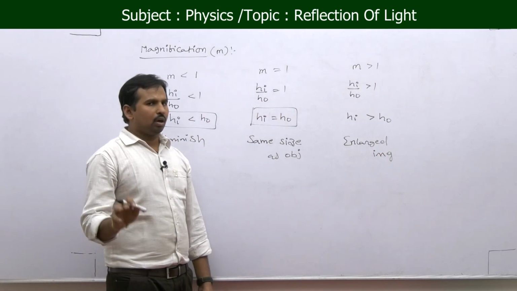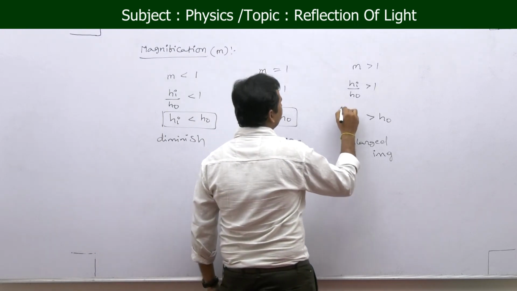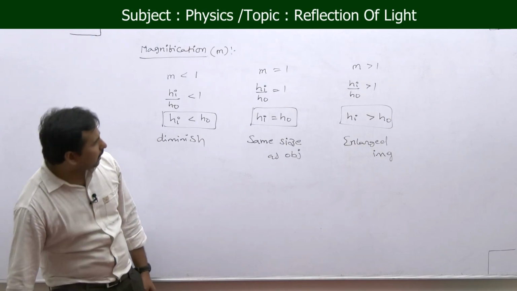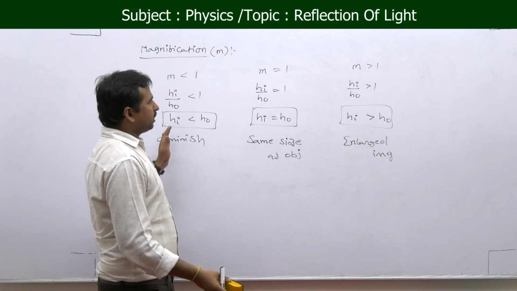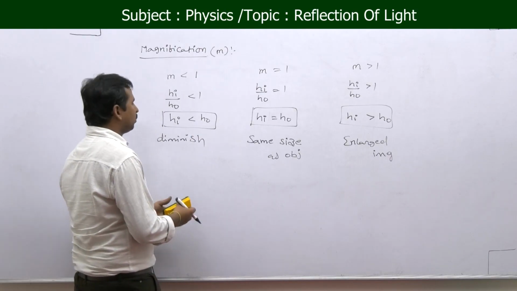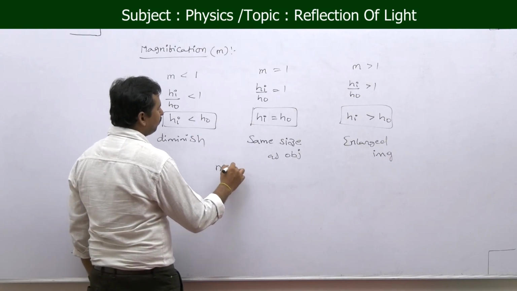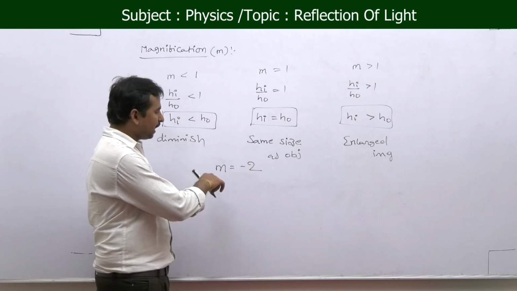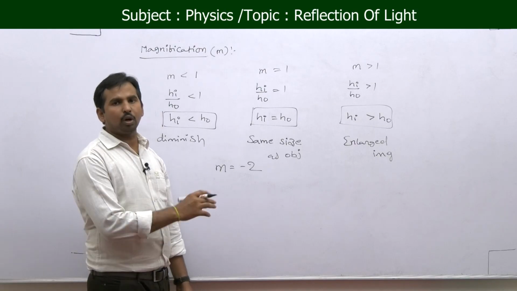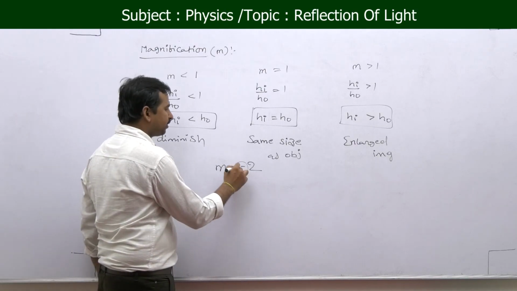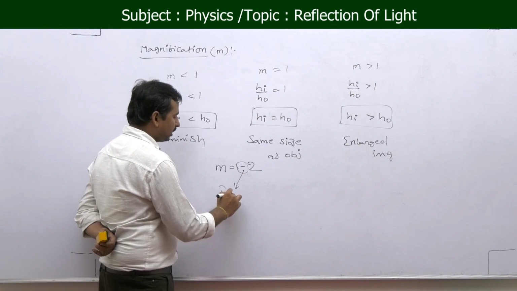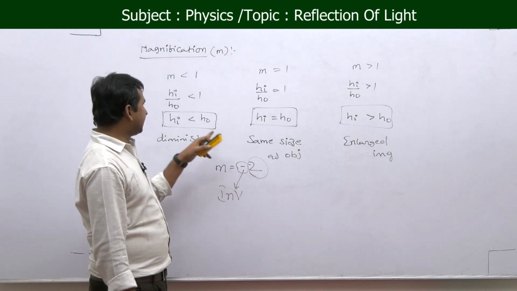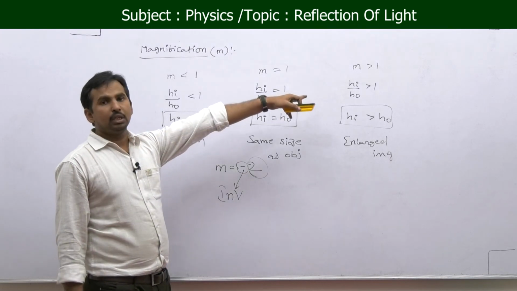Now, how do questions come from this topic of magnification? They may ask a question depending on the size of the image. For example, if m is equal to minus 2 for a given spherical mirror image, then the minus represents an inverted image, and 2 is greater than 1, which is our third case.